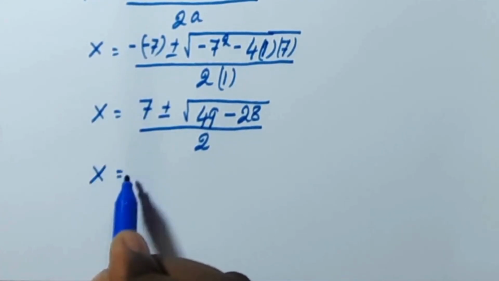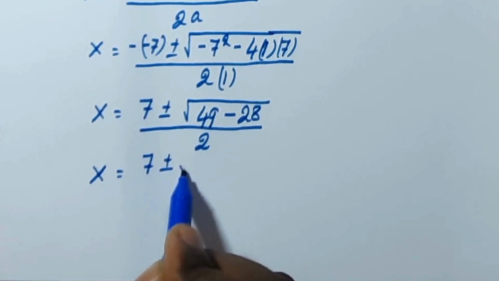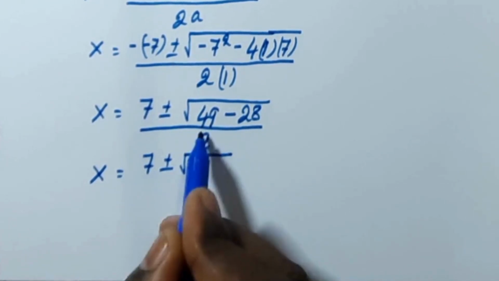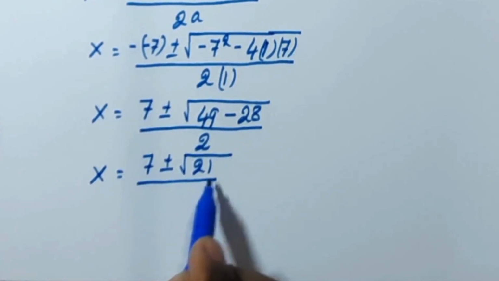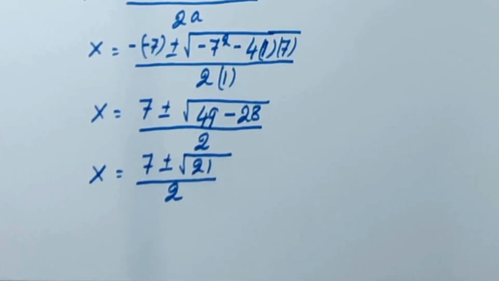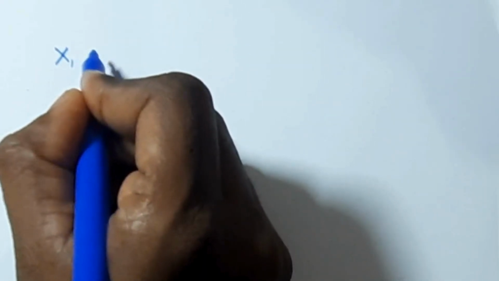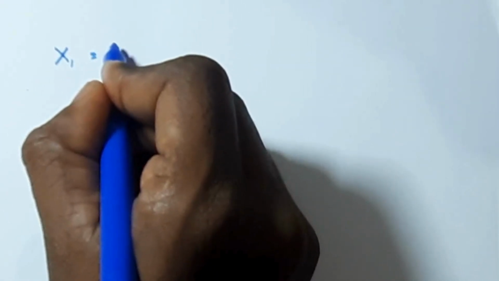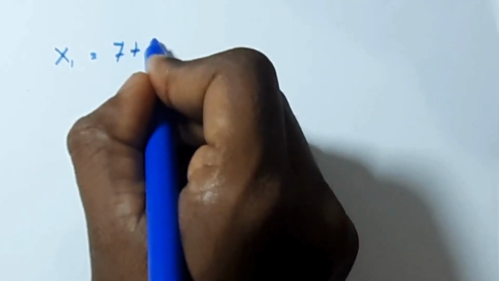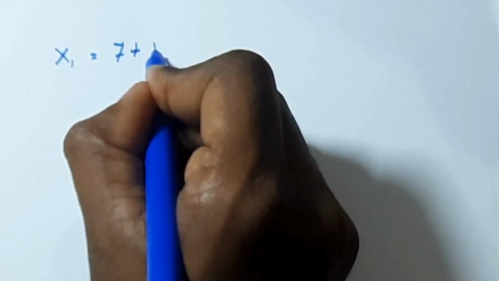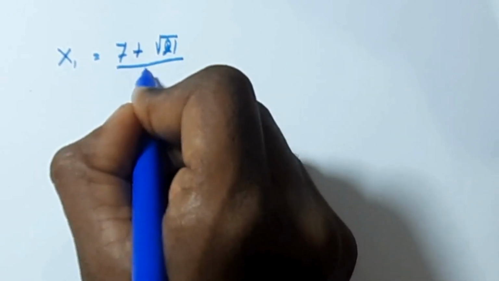x equals 7 plus or minus square root of 49 minus 28, which is 21, over 2. Now we have two solutions. One is x1 equals 7 plus square root of 21 over 2. This can be written as x1 equals 7 by 2 plus square root of 21 by 2.